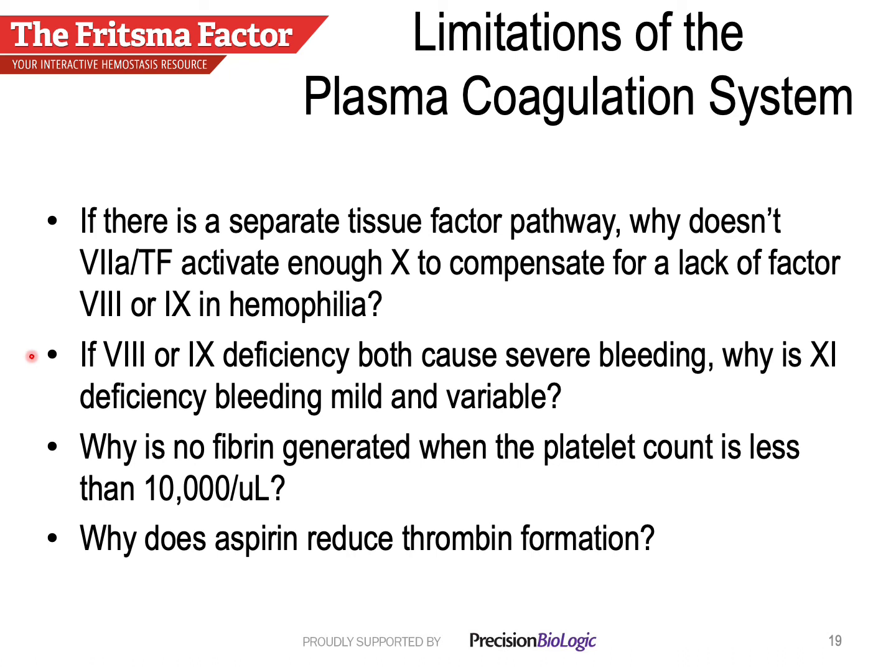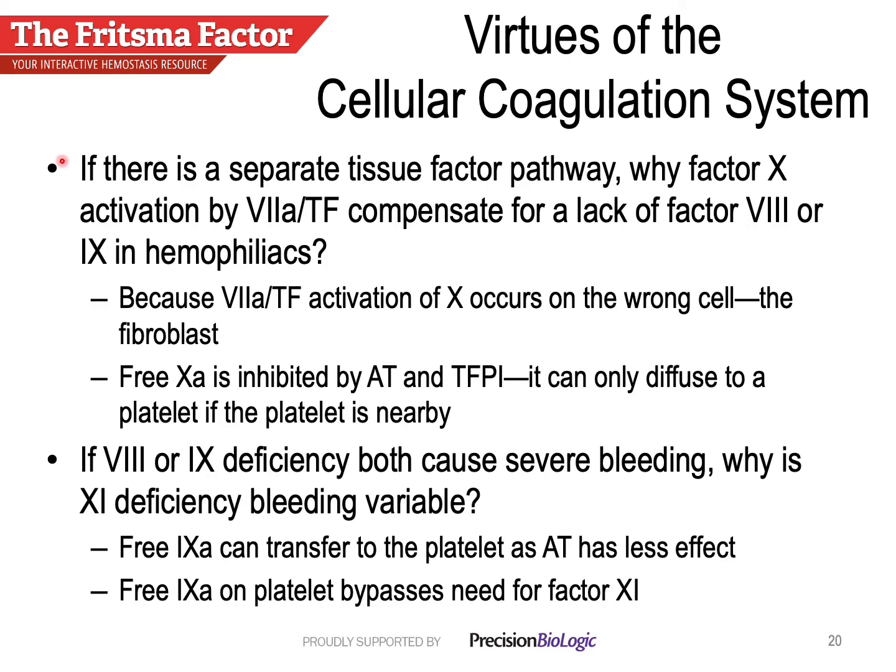If 8 or 9 deficiency both cause severe bleeding, why is 11 deficiency bleeding mild and variable? Why is little or no fibrin generated when the platelet count is less than 10,000, and why does aspirin reduce thrombin formation? The cellular coagulation system provides the answers.